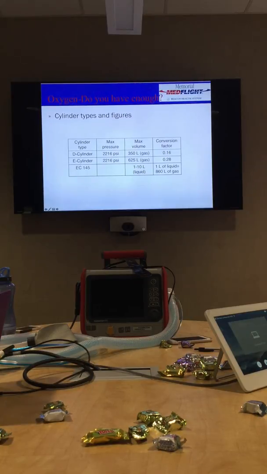So for us in the EC145, we have LOX. So that creates another issue on top of it because you have to do a little bit of extra math. So let's say we come in at the beginning of the shift and they tell us we have 5.4 liters in our LOX today.